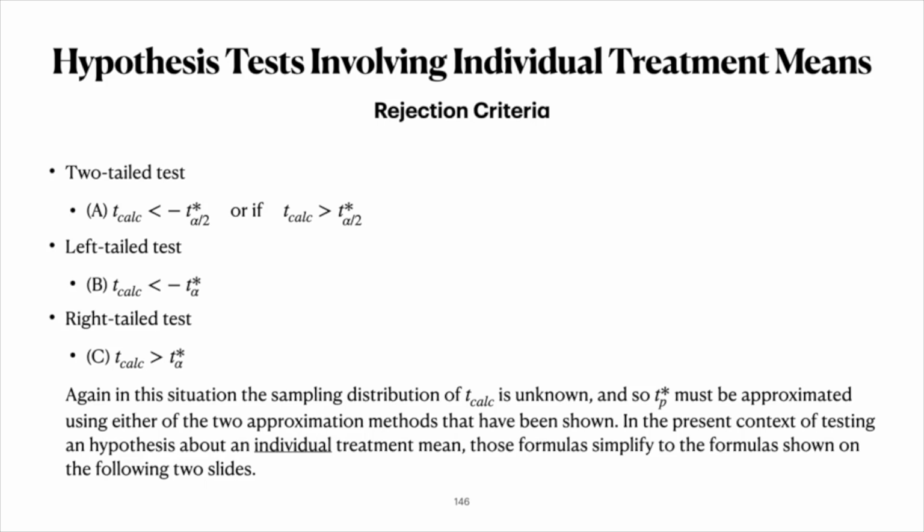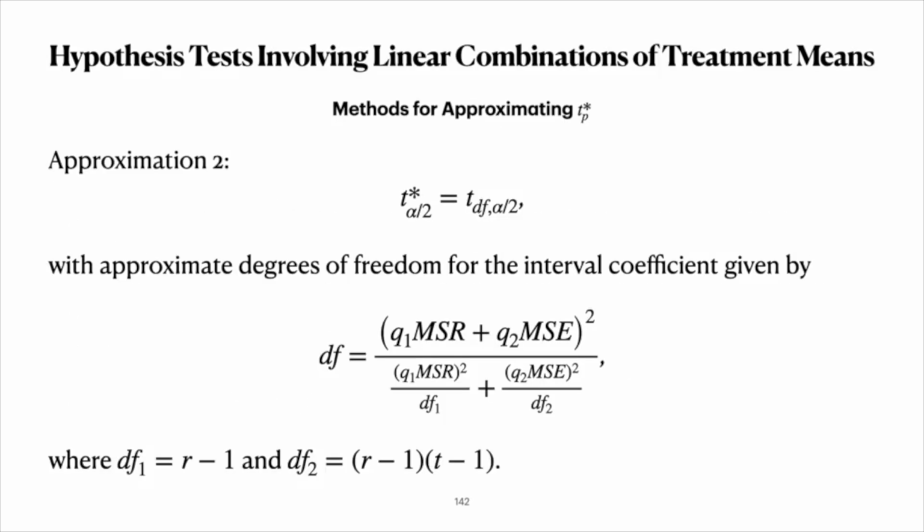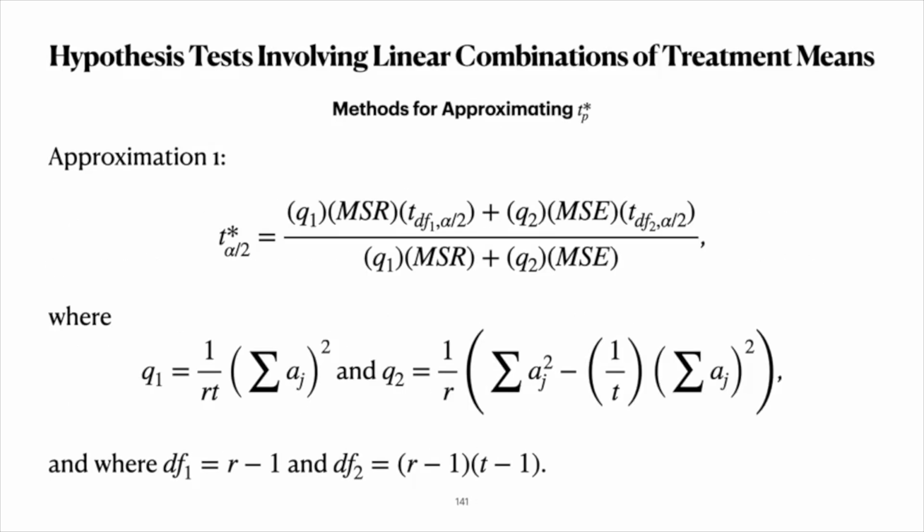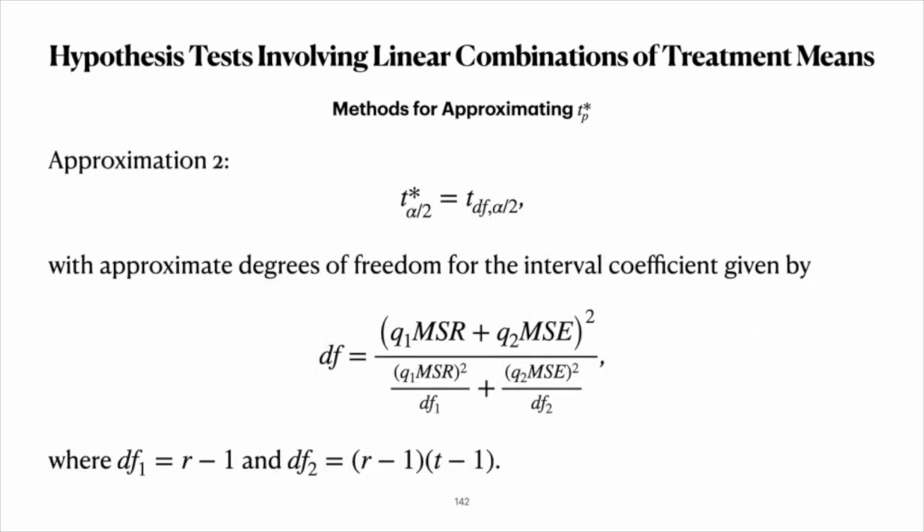Let me just scroll back a few slides here. These were the two approximation formulas that we looked at when we were testing hypotheses about non-contrast linear combinations involving one or more treatment means. This was approximation method 1 for the t-value, and this was approximation method 2 for the approximate critical point, or t-value.